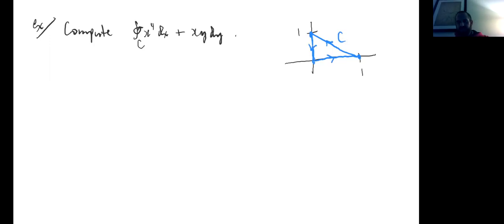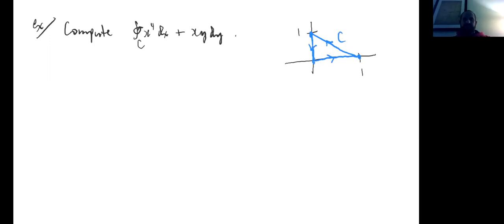Here, I'm just going to draw a picture of that right now. So here's 1, and here's our curve right here. Voila. Here is our curve, so it's that curve with positive orientation.